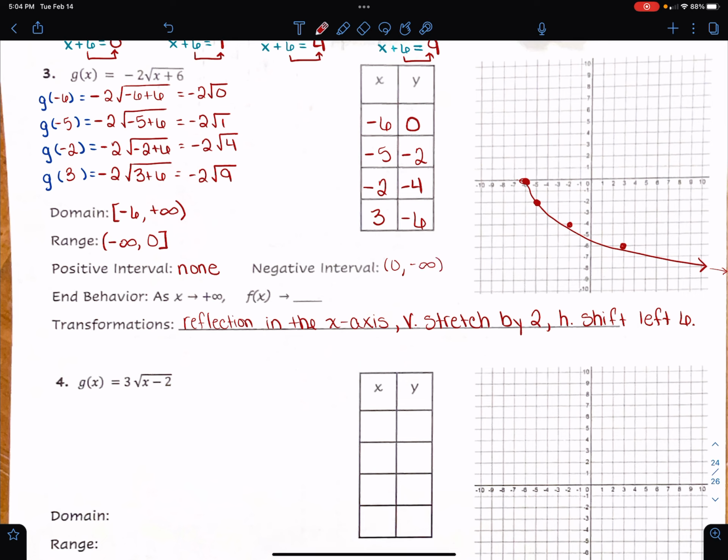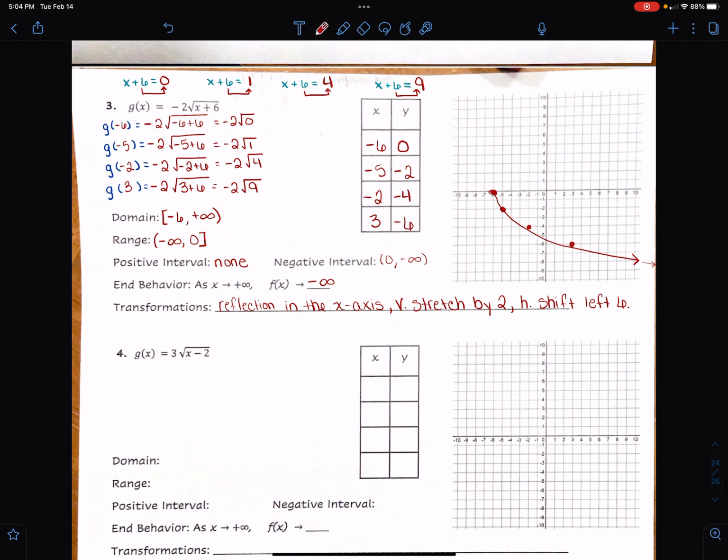And as x goes to positive infinity, y goes to negative infinity. Okay? All right, that is it for me on this one here. Oh, I'm sorry, on the negative interval. We also talked about we could write it as y is less than or equal to 0.